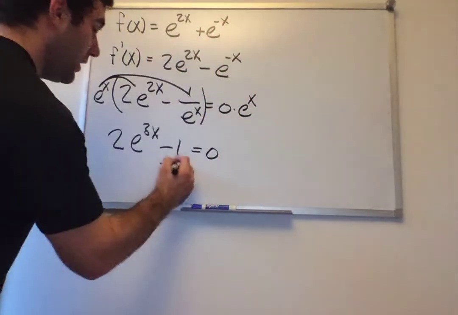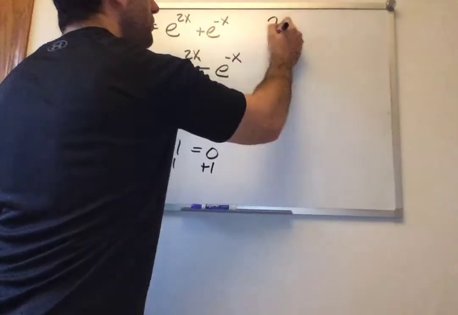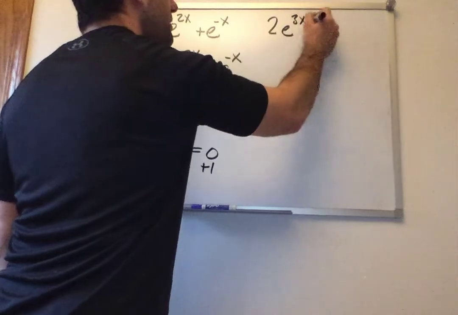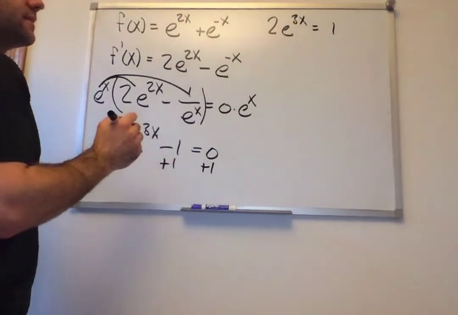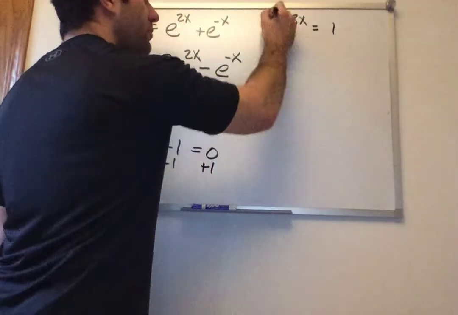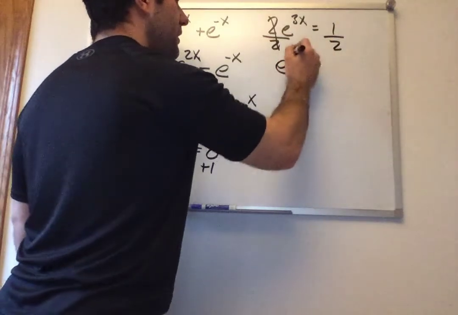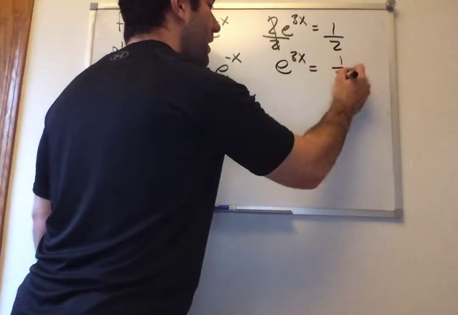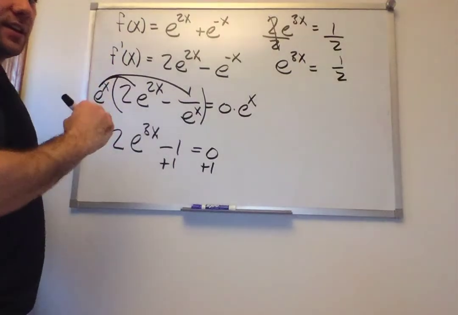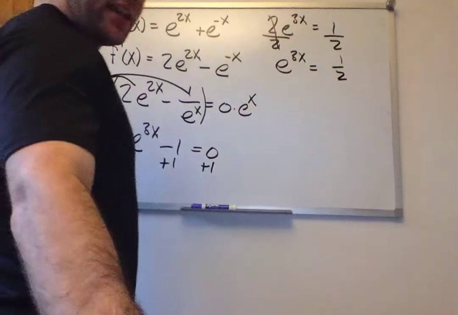So first step, add 1. 2e to the 3x is equal to 1. Now we're going to divide both sides by 2. e to the 3x is equal to 1/2. Next, I'm going to take the ln of both sides.